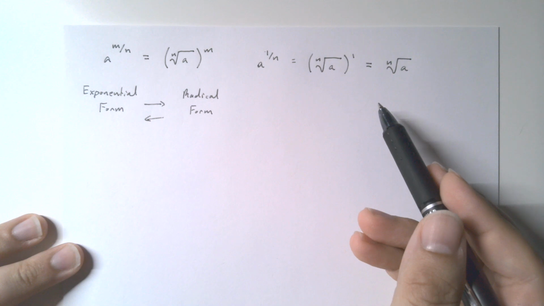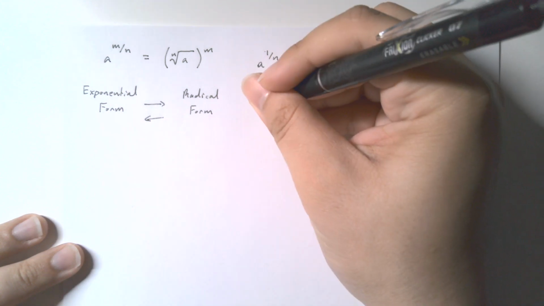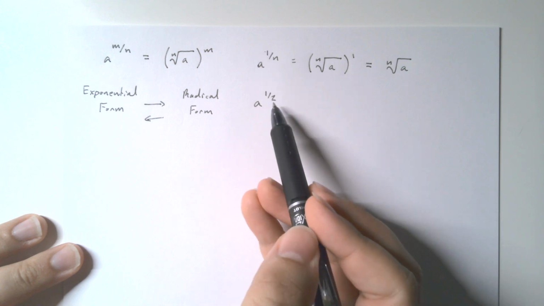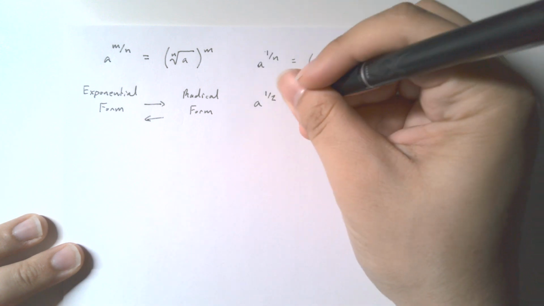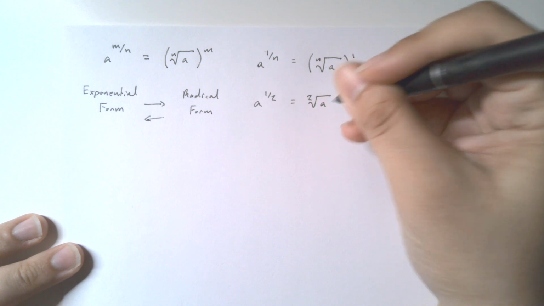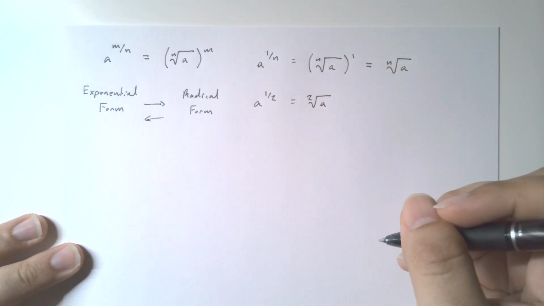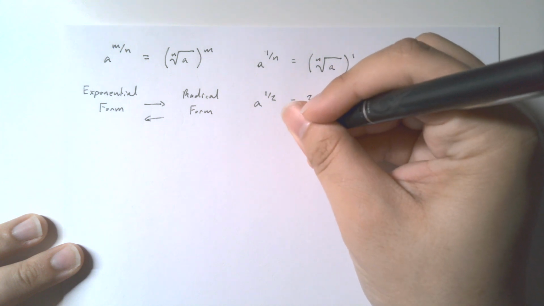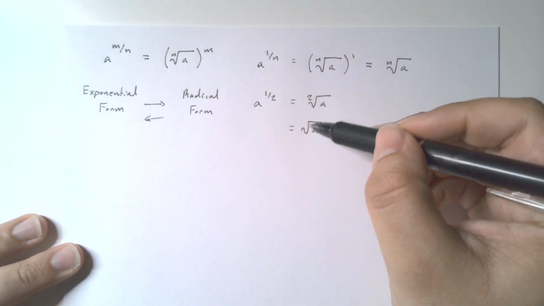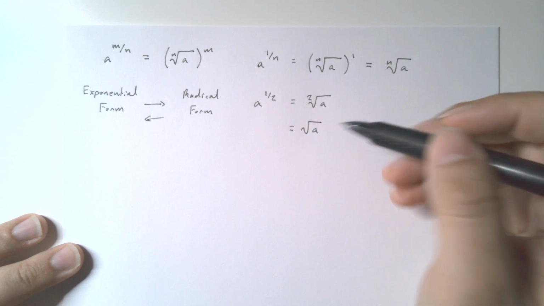And we have another special case of that, particularly when we have a to the 1/2 power, so when n is equal to 2. When that's the case, we have the second root of a, but that's just the definition of the square root. This 2 is actually implied when we don't see an index here.